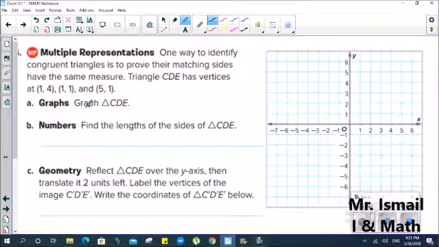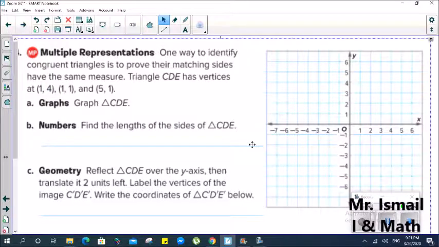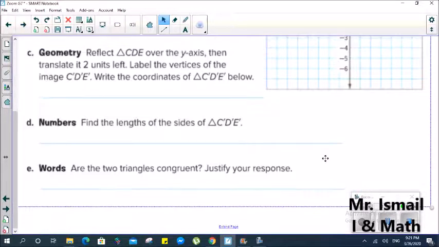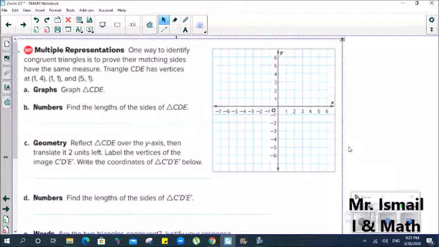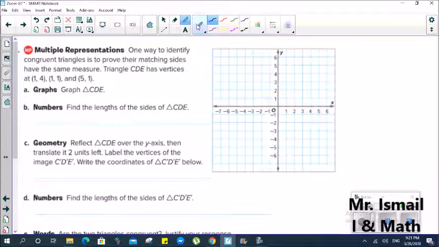Example. I have triangle CDE. C is (1, 4). D is (1, 1). And E is (5, 1).